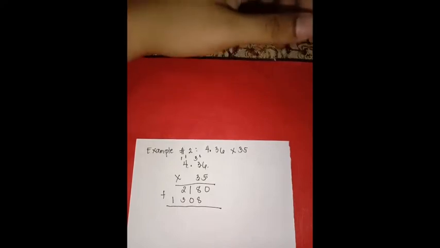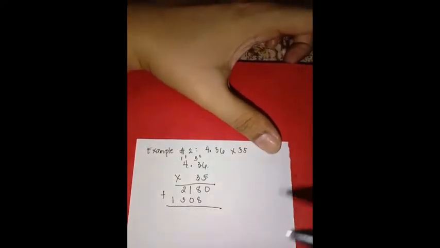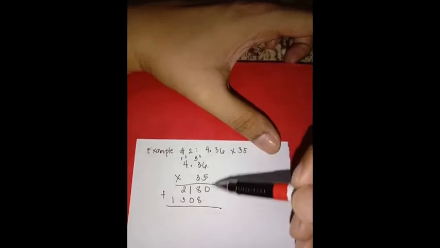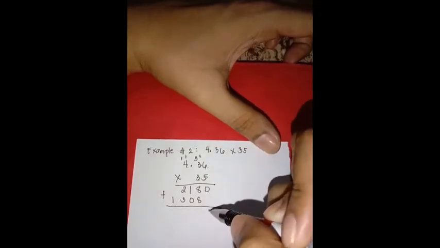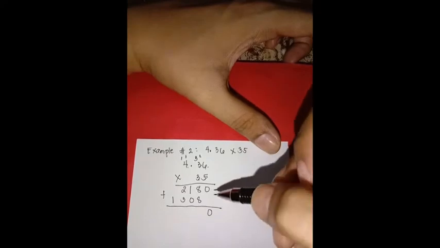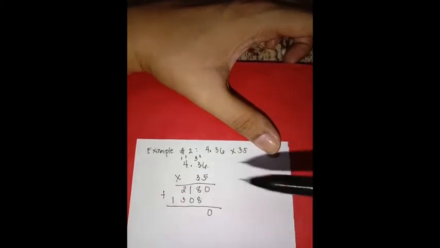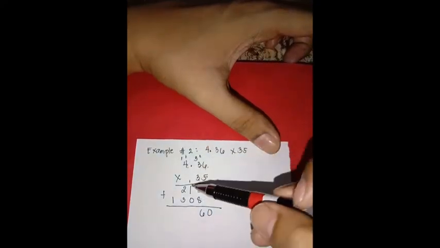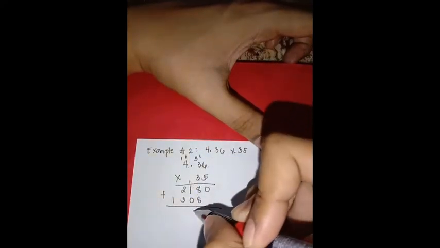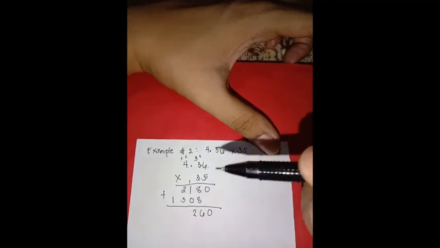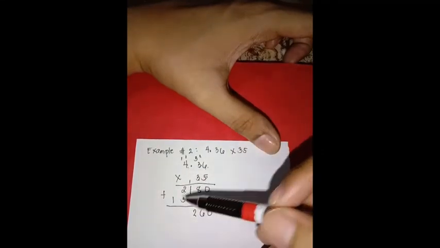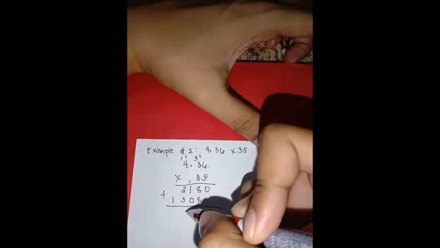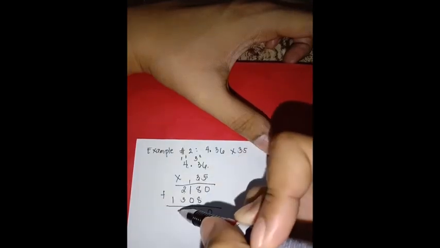Now we will get the final or the product ng ating question dito. So bring down 0, bring down 0. So 8 plus 8 we have here 16. Carry 1. 1 plus 1 is equals to 2 because 0 na rin naman to. 2 plus 3 is equals to 5 and then bring down 1.